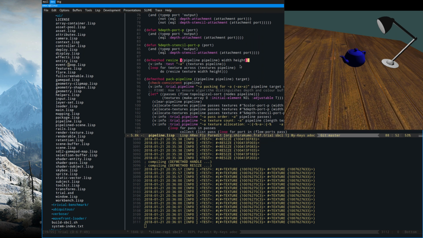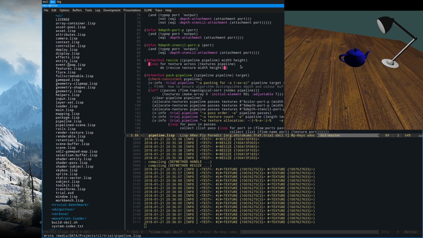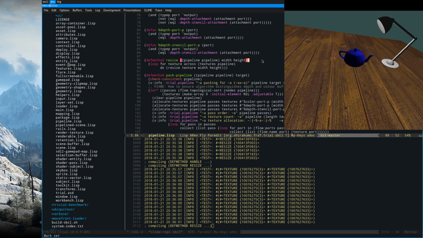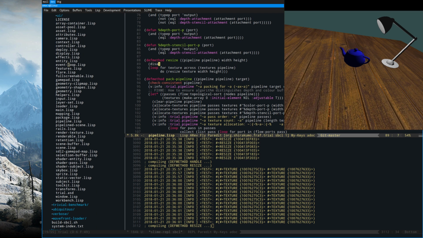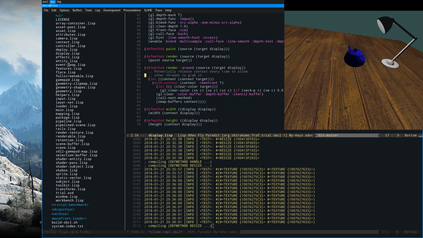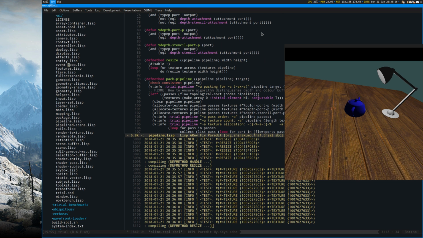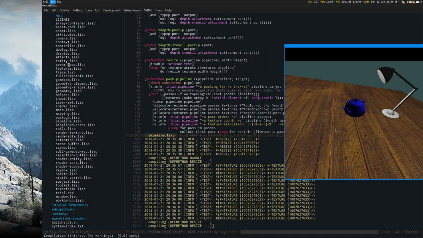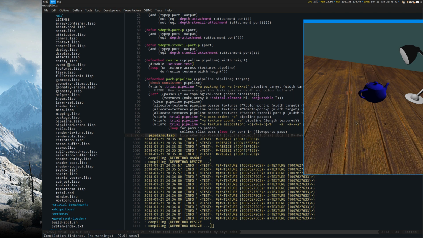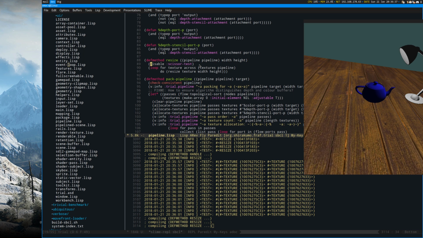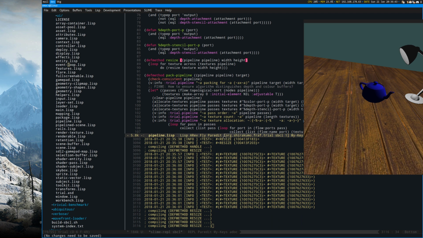Do I have like a clip pane that's happening or something? What's it called? Scissor test. Yeah, that was it. Screw you, scissor test. Why is that even anything? Hold on.